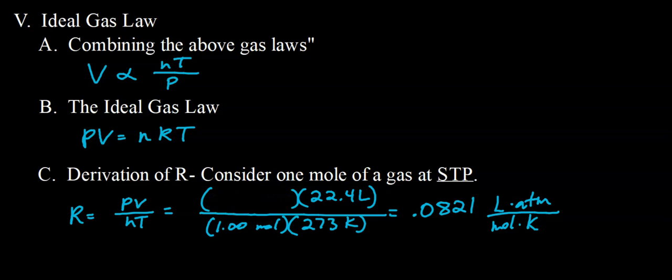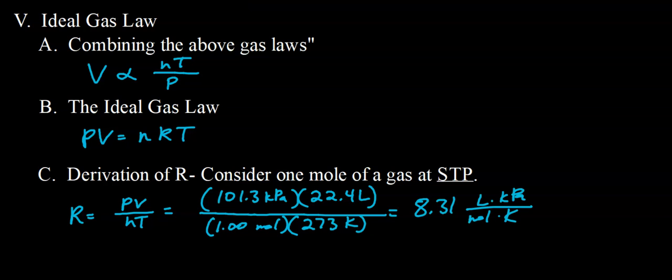So what if the pressure of the gas is given to you in kilopascals? So go ahead and plug into this equation standard pressure in kilopascals and see what you get for R. Go ahead and pause the video and make sure to include units.